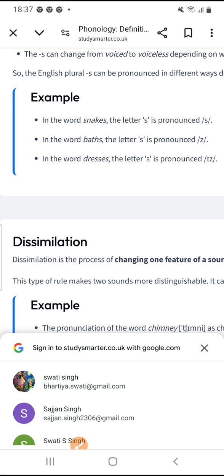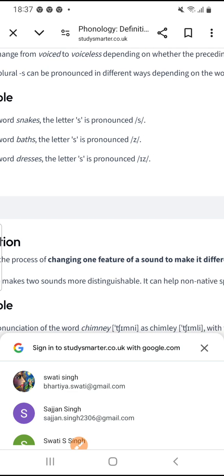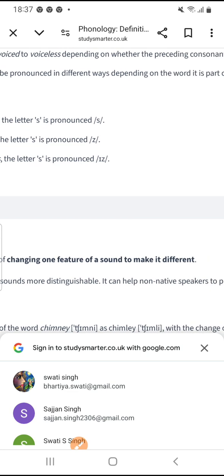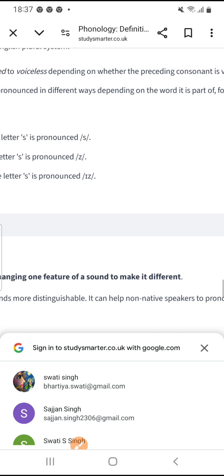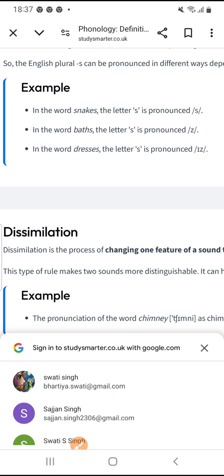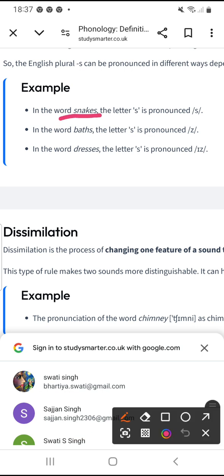So the English plural s can be pronounced in different ways depending on the word it is part of. For example, in the word snake, when it becomes plural, snakes, the pronunciation is s.